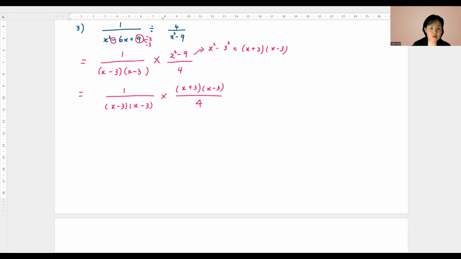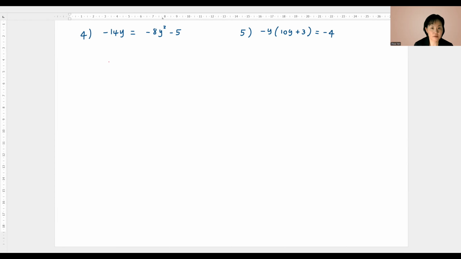Now we can cancel x minus 3 and x minus 3. And what we've got left on the top is 1 times x plus 3. I can just write x plus 3 there. And then on the denominator part, I've got 4 and also x minus 3. Now we can't go any further than this because we can't cancel x plus 3 and x minus 3. So we'll just leave it as it is.